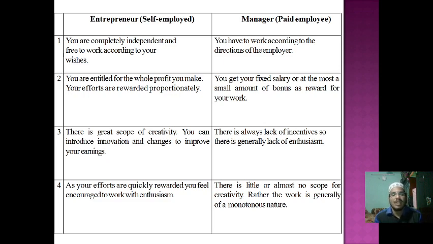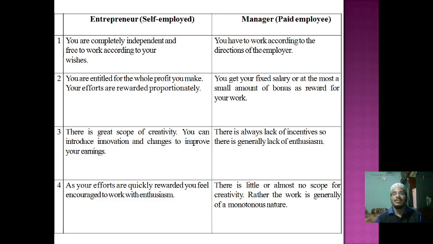There is great scope for creativity. You can introduce innovation and change to improve your earning. Here the entrepreneur can develop like me. I can develop my creative ideas to develop innovation, and I can change that earning point also. The manager generally has a lack of incentive, so there is a general lack of enthusiasm.